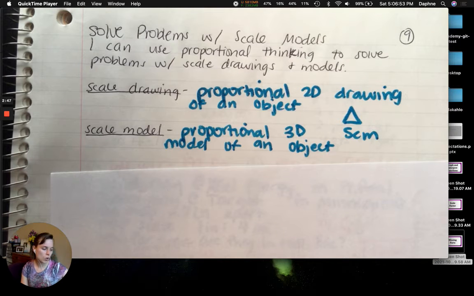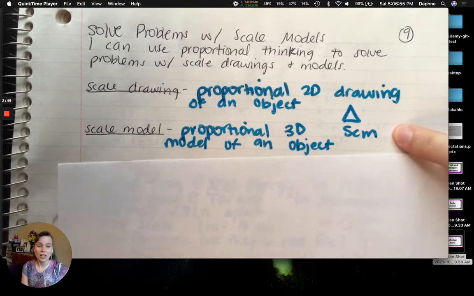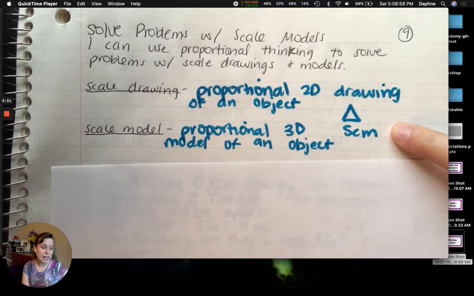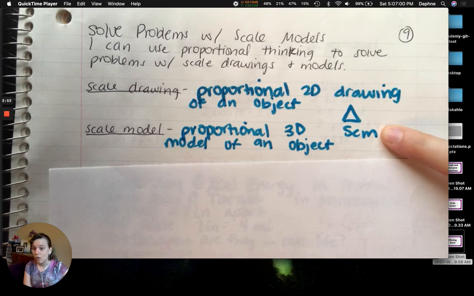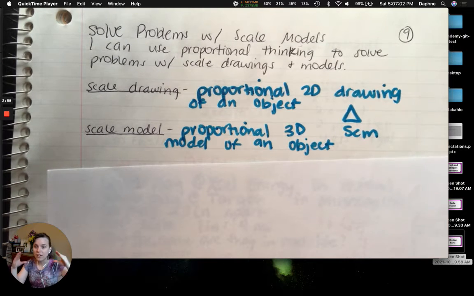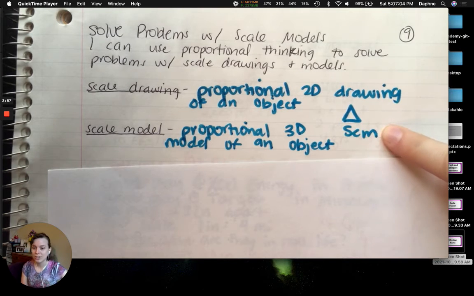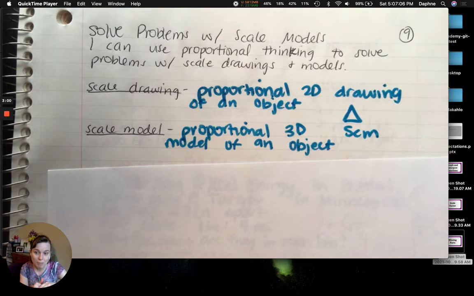So my random drawing of a triangle here was to say that this 5 centimeters is to scale. This is not 5 centimeters itself. It's representing 5 centimeters. But sometimes things aren't to scale.